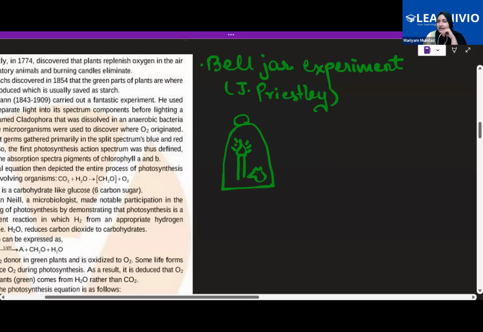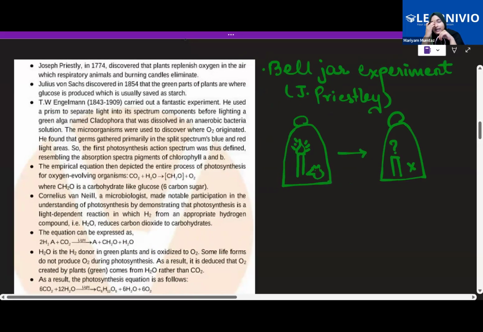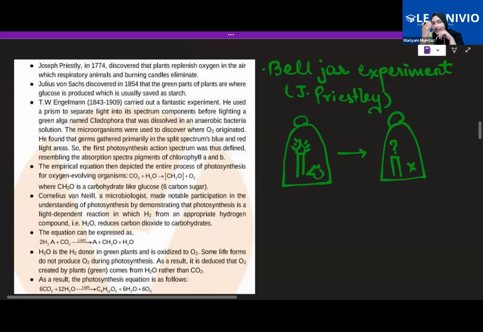Later on, you would notice that the candle has extinguished and the mouse is also dead. But now when you put a mint plant into it, you will notice that the candle keeps on burning and the mouse, or any animal, also lives.